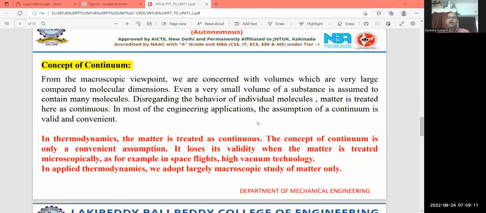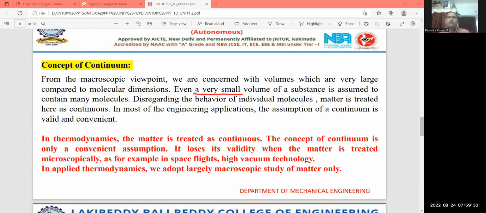Next, the concept of a continuum. What is meant by the concept of a continuum? Here, there are two things you have to observe. From the macroscopic viewpoint, we are concerned with volumes which are very large compared to molecular dimensions.